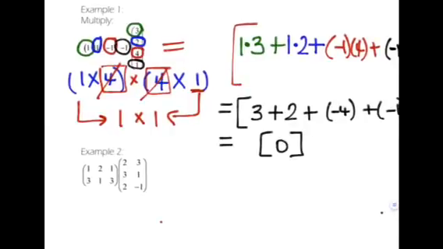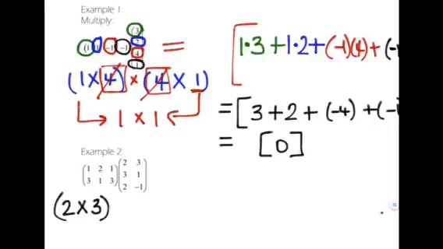So then moving on to our second example, which is obviously a little bit more complicated, you have to first check that the sizes are agreeable. The size of this first matrix, this has 1, 2 rows, and 1, 2, 3 columns. So this is a 2-row by 3-column matrix.